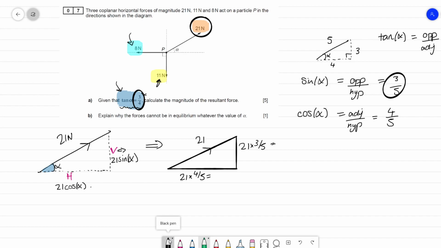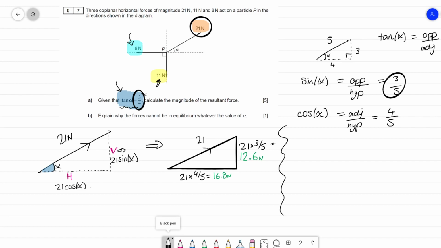So 21 times 3/5 is 63/5, which is 12.6. And over here, we get a similar thing. I think this one's going to work out as 16.8. Yeah, that sounds good. Lovely.